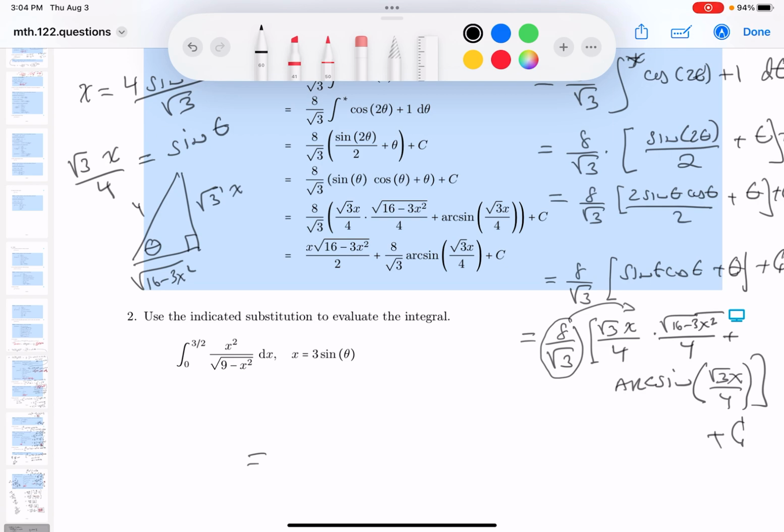Well, 4 times 4 is 16, and 8 goes into 16 2 times. Root 3 disappears. We're left with x root 16 minus 3x squared. That's done. Let's do the next term. It's plus 8 over root 3 arc sine of root 3x over 4 plus C.